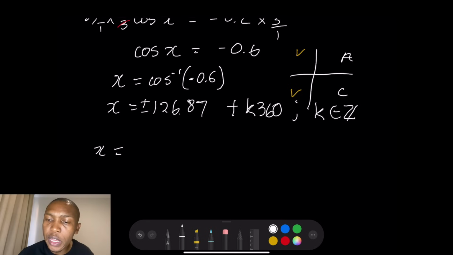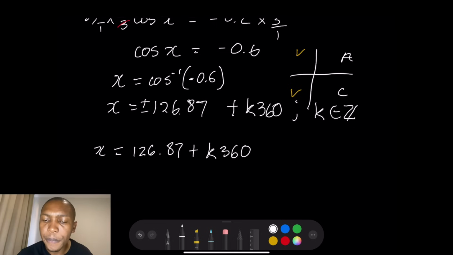So in the second quadrant, it is going to be that value, 126.87 plus k360.